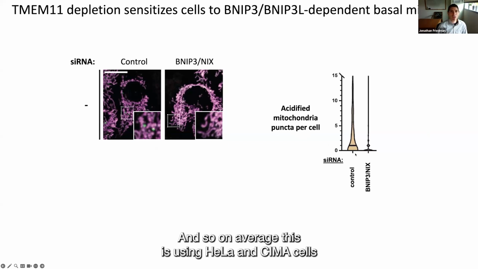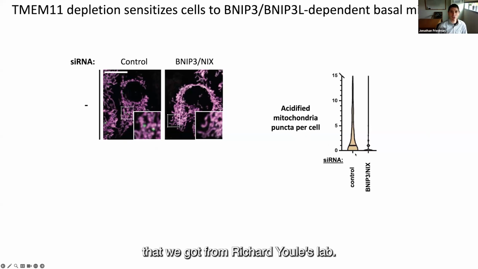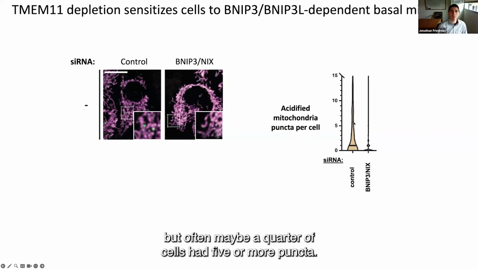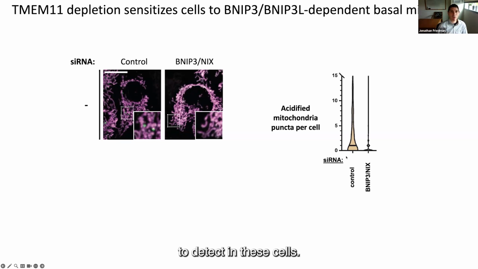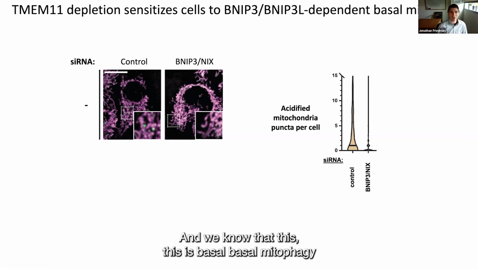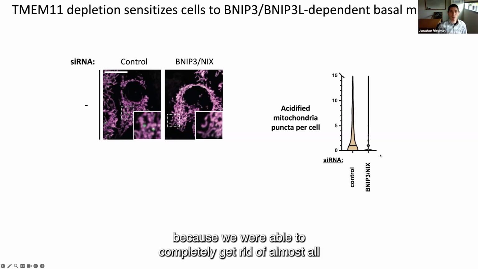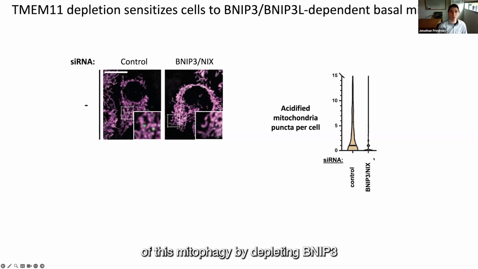And so on average, this is using HeLa mCherry cells that we got from Richard Youle's lab. He sees about 1 puncta per cell, but often maybe a quarter of cells had 5 or more puncta. So there is some amount of basal mitophagy that he was able to detect in these cells. And we know that this is basal mitophagy because we were able to completely get rid of almost all of this mitophagy by depleting BNIP3 and NIX from these cells.